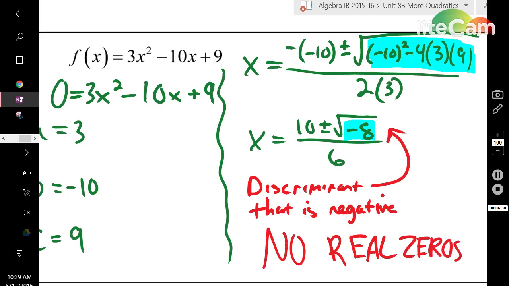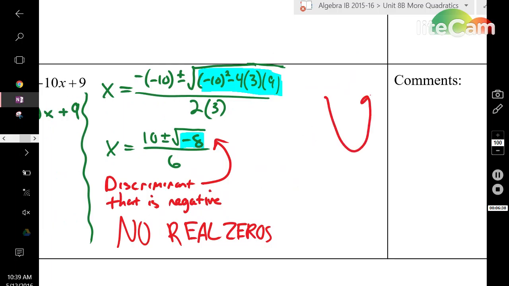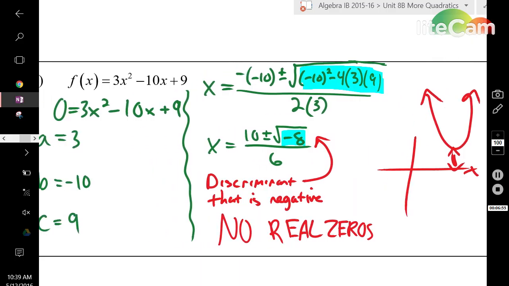There are imaginary zeros in this case, but there are none that are real, none that appear on the graph. This is where the parabola is pointing up, and it's above the x-axis where it doesn't cross. That gap right there. Okay, when there's that gap where it doesn't cross the x-axis, there are no zeros there. So your discriminant is negative. There are no zeros.